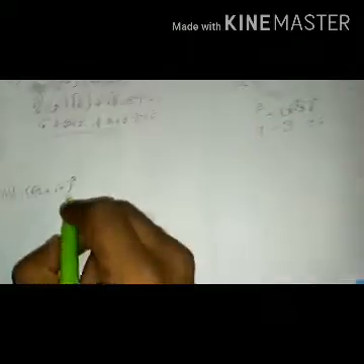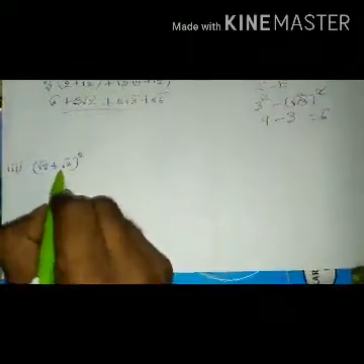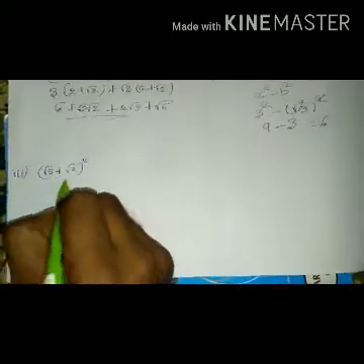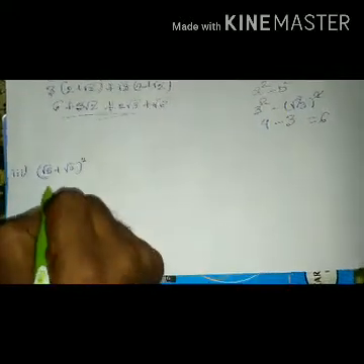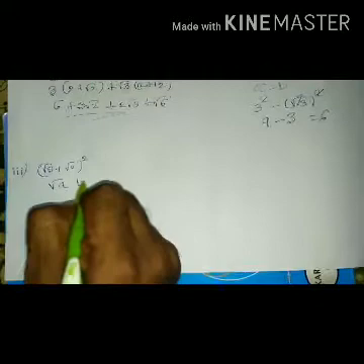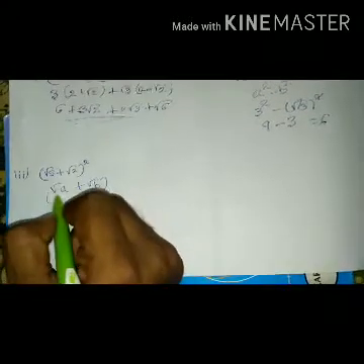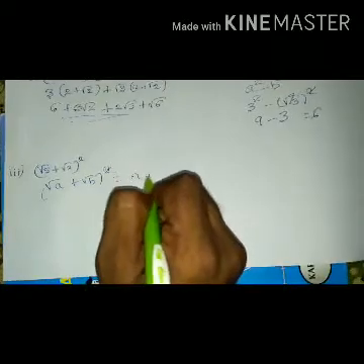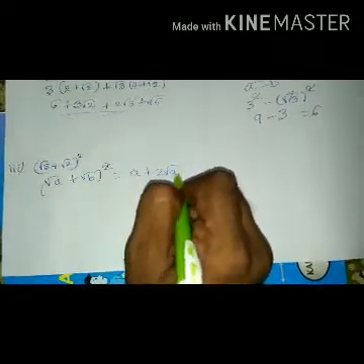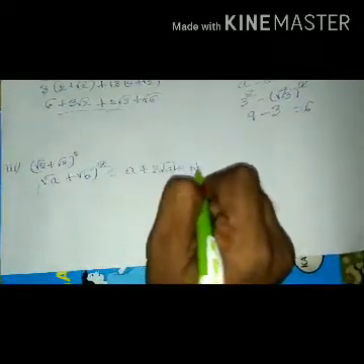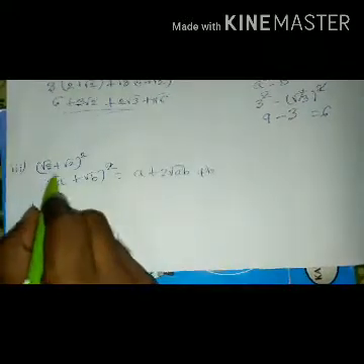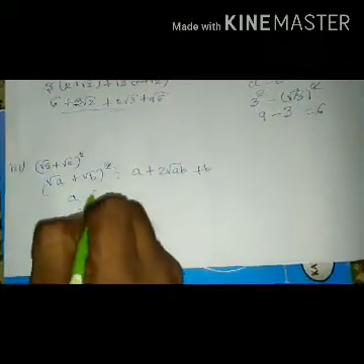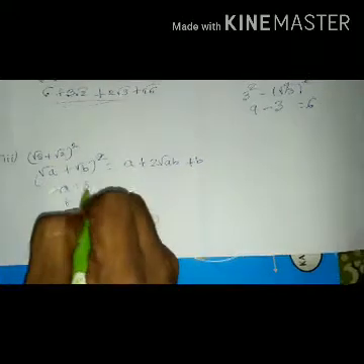Next, go to the third problem: root 5 plus root 2 whole square. We have already learned the identity, root a plus root b whole square, and its expansion is a plus 2 root of ab plus b. Here the value of a is 5 and the value of b is 2.